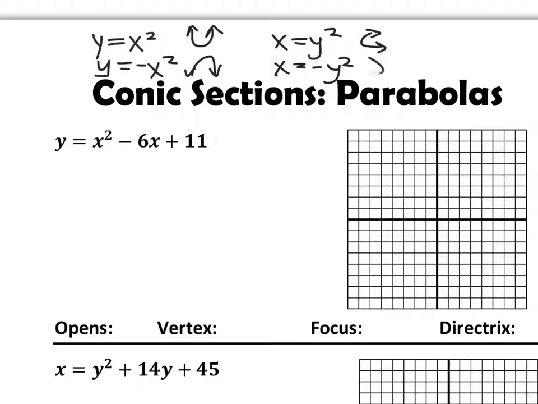and if it's x equals negative y squared, it opens left. The other important pieces of our parabola is we have our parabola with its vertex, then we have one focus, and something called the directrix. So I'm just going to put F for focus. This is called a directrix.